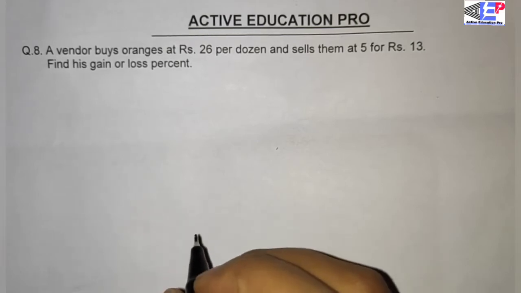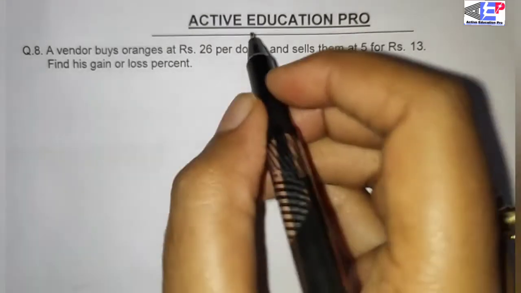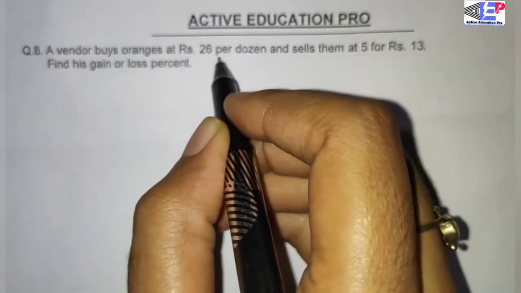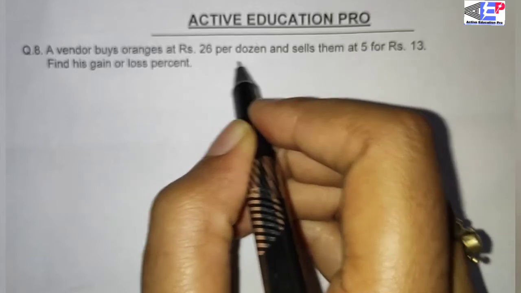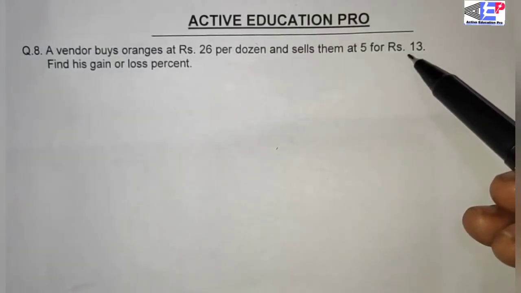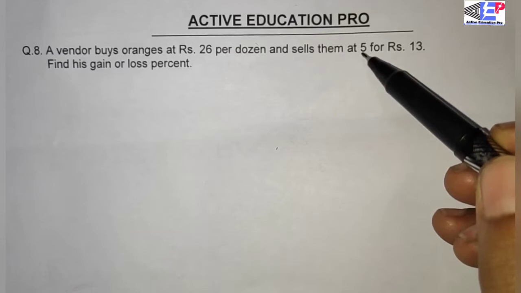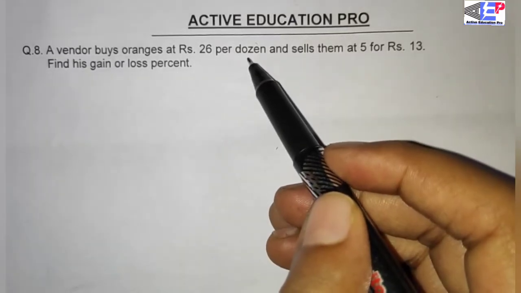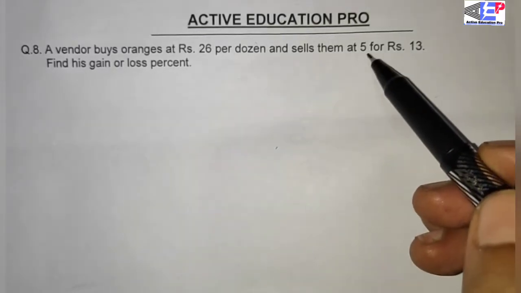Look here, when the vendor buys oranges, the quantity is per dozen. The cost price is calculated per dozen, but at the time of selling, the selling price is counted on 5 oranges.